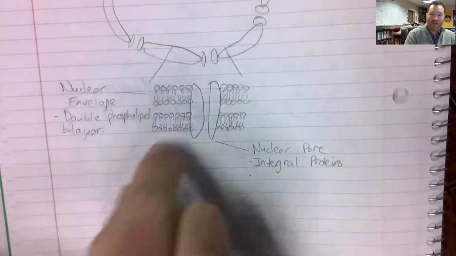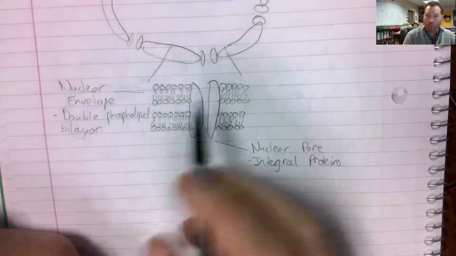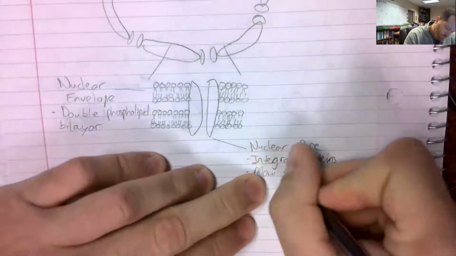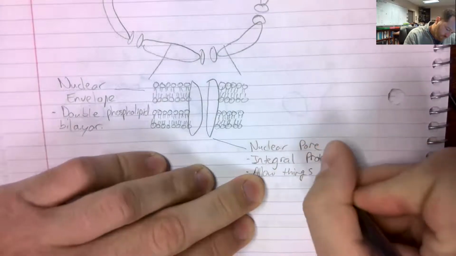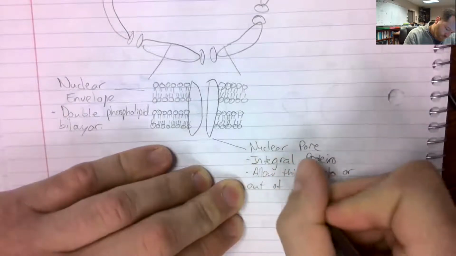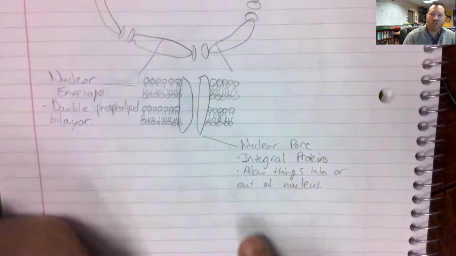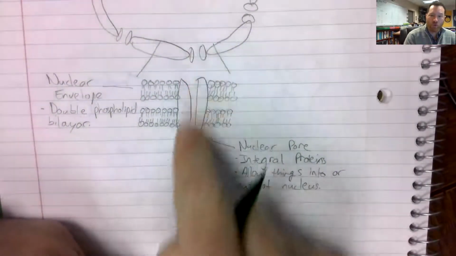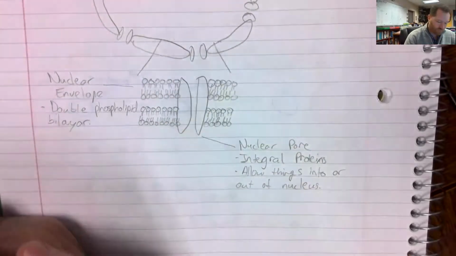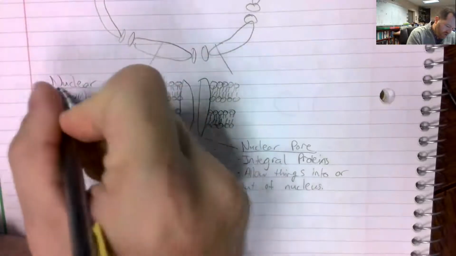They span not just the entire membrane, they span the entire double membrane, and they allow things into or out of the nucleus. So very important, we have our nuclear pores to let things into and out of the nucleus.